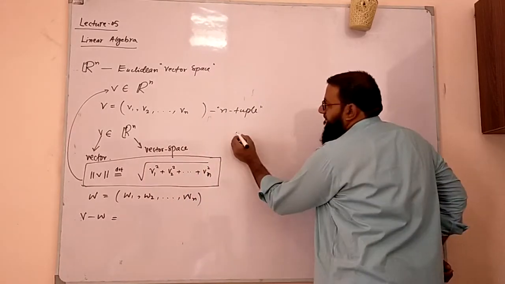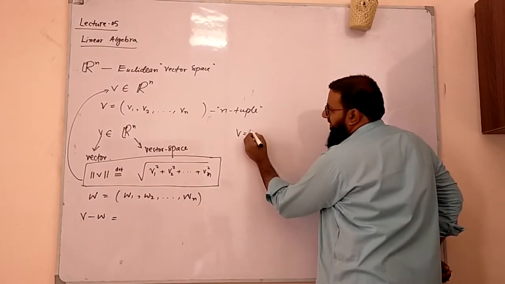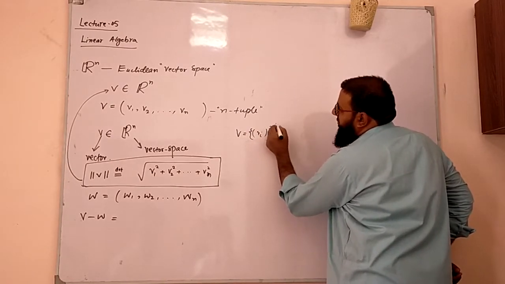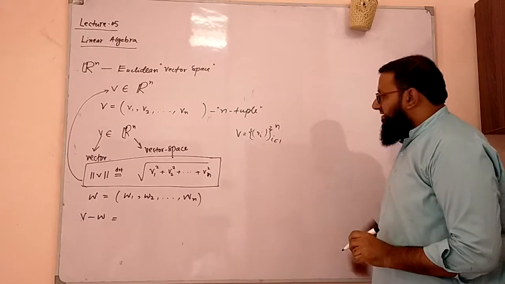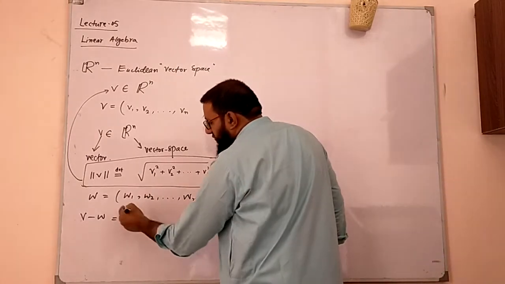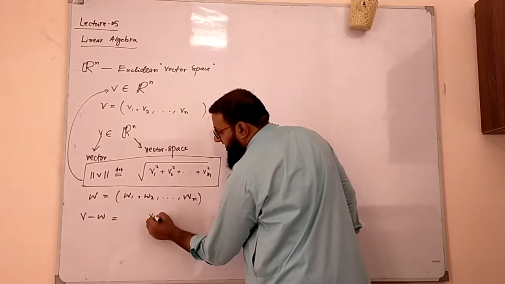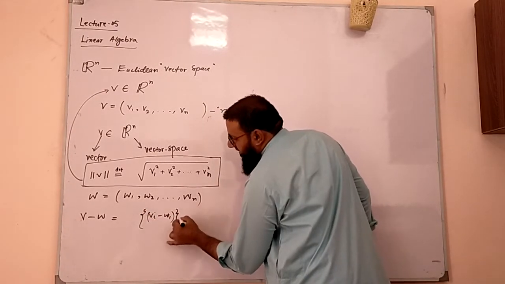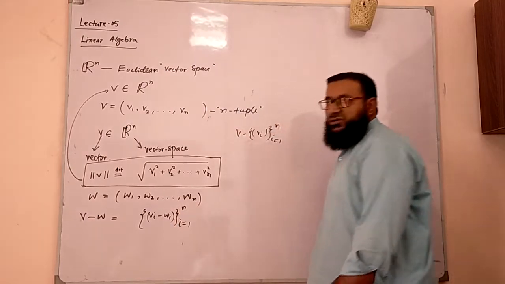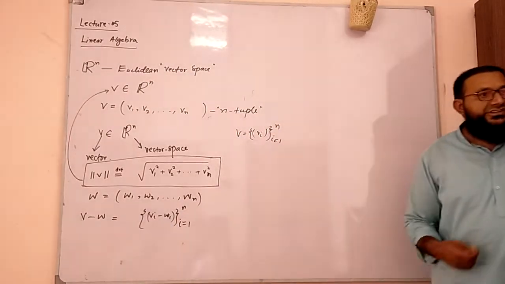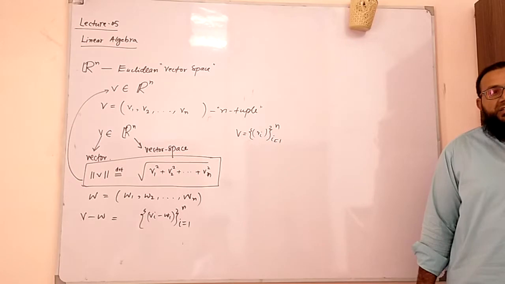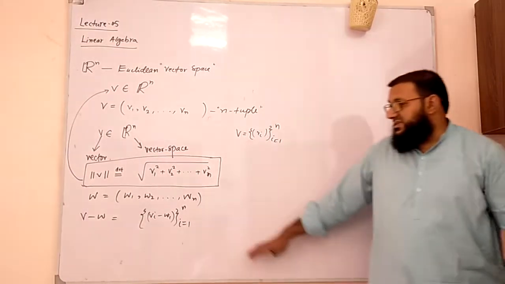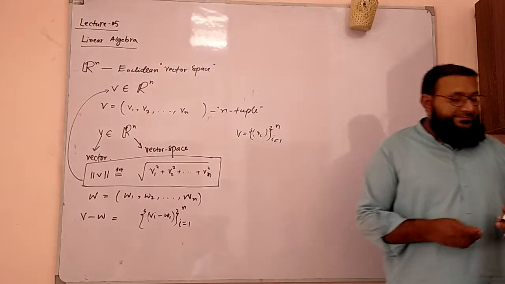You can say you have a vector v with components vi, where i runs from 1 to n. In compact form it is vi minus wi, where i runs from 1 to n. So it is going to be v1 minus w1, v2 minus w2, v3 minus w3. It is just a compact form to write these things. Otherwise, it is not necessary to write in this particular form.